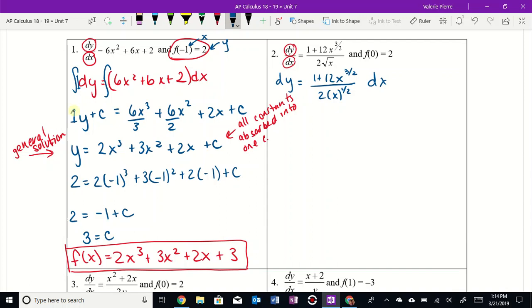Okay, so let's simplify this fraction really quickly so that we can integrate it quickly. So we have dy equal to 1 half x to the negative 1 half plus 6x dx.